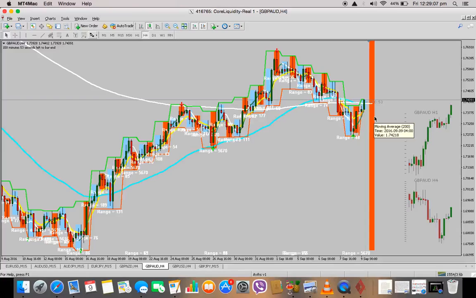So this is what I used to do. It used to just be a cross of the 50 and the 200. The 50 is the faster moving one, the 200 is the slower moving one. If at any point in time you see the faster moving one crossing above the slower moving one, then we're assuming that the market is going to continue on an uptrend.